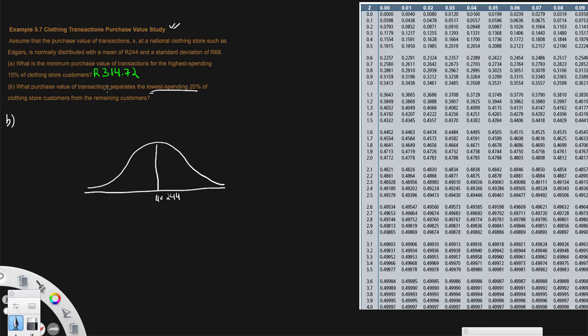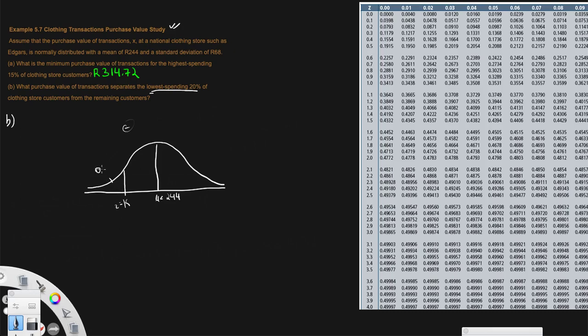And now we are looking for the lowest spending. You can bet that we're going for this negative section, and we know that here is where you would put the lowest spending. So if this is the limit, we want to know what is the value that separates the lowest spending from the remaining customers, or also the highest amount that these people can actually spend in a store.